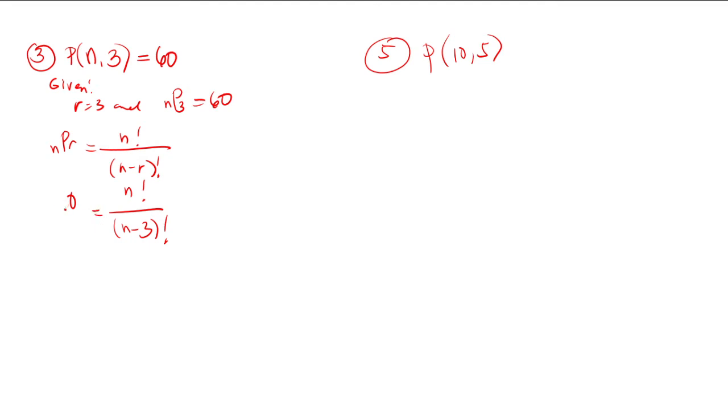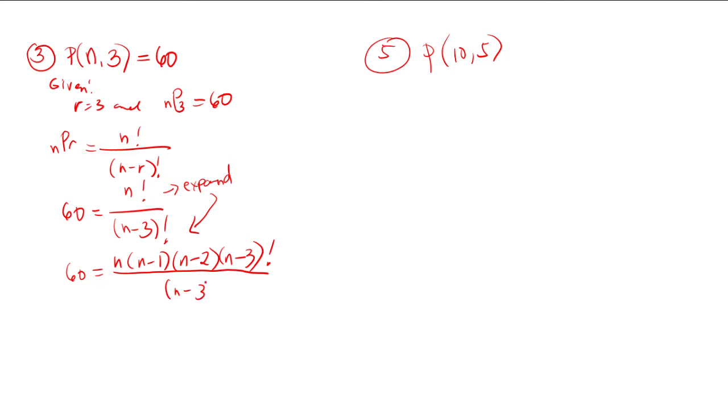Okay? From there, pagdating mo dyan, itong n factorial expand mo. Expand mo para makakancel ka sa baba. Okay? So, si n factorial, expand mo ng n times n minus 1 times n minus 2 times n minus 3 quantity factorial, over n minus 3 quantity factorial.